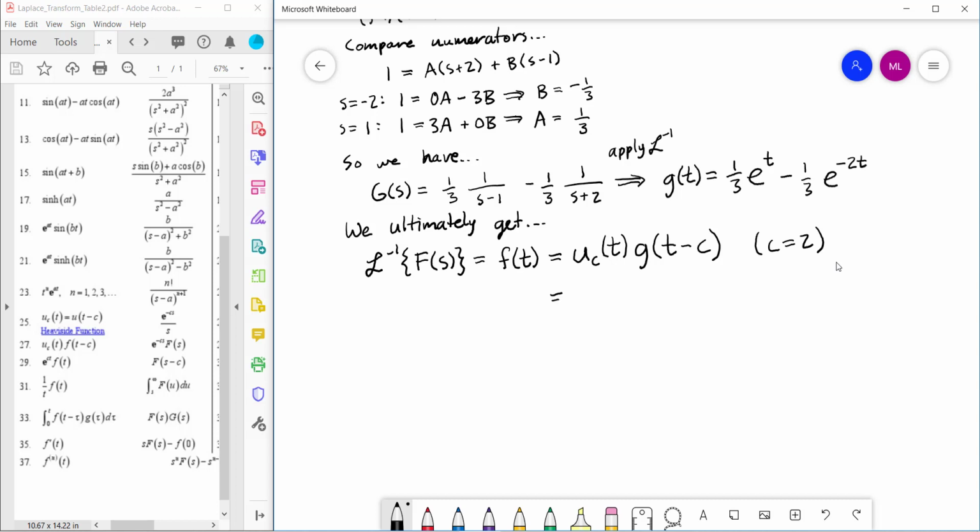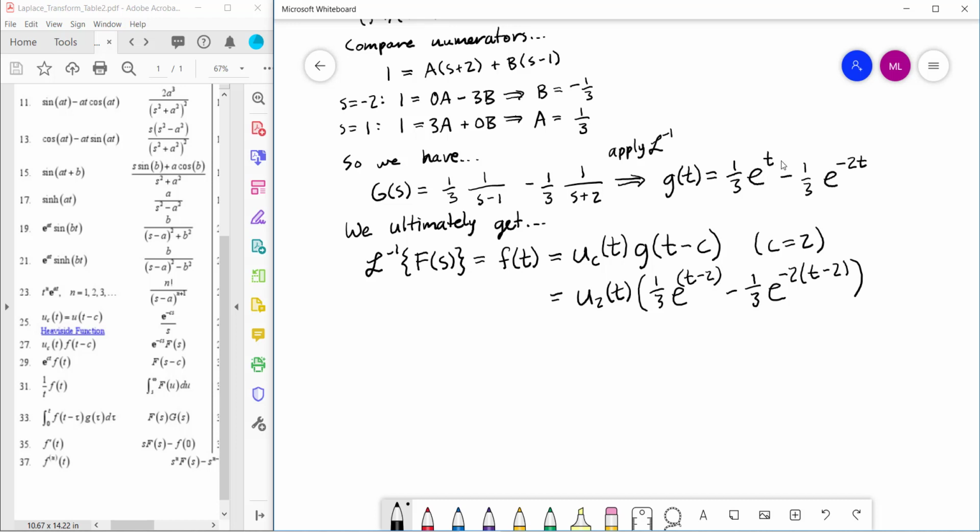And so we wind up getting u sub 2 of t times our g of t with the argument shifted by 2. So every t needs to be replaced with t minus 2 that shows up here. So it's that times 1/3 e to the t minus 2 minus 1/3 e to the negative 2 times t minus 2.